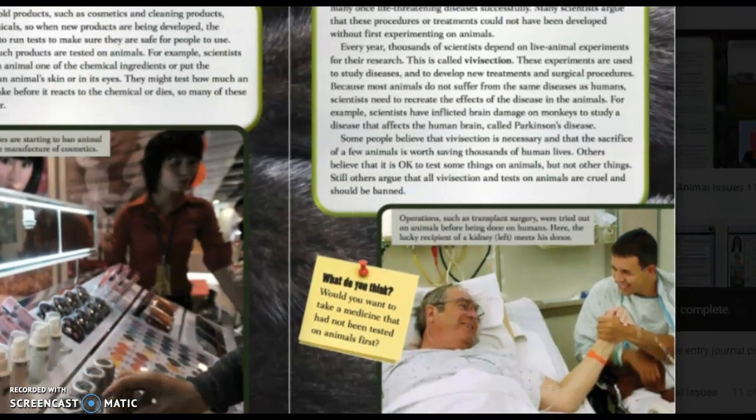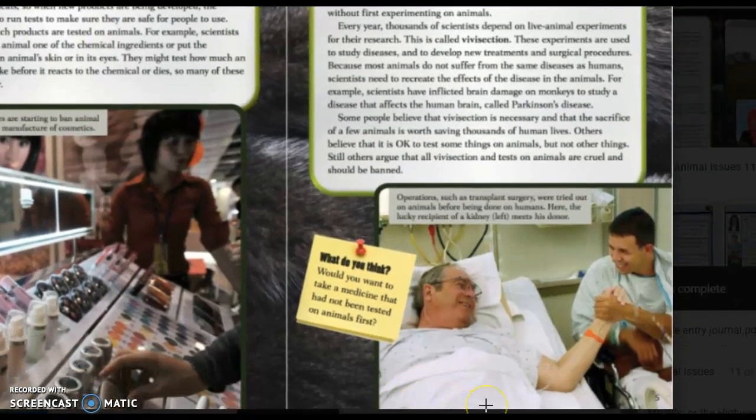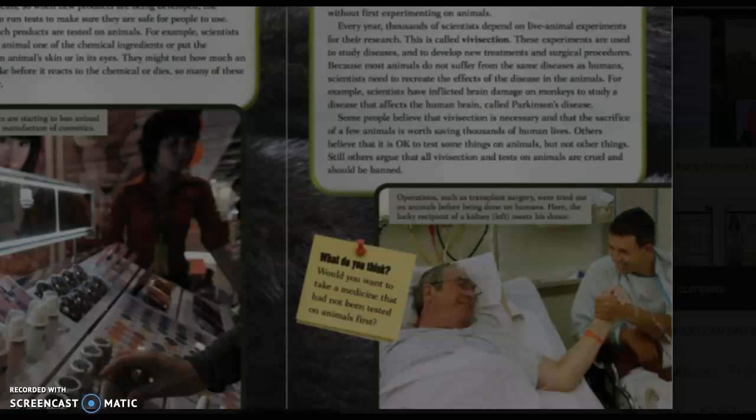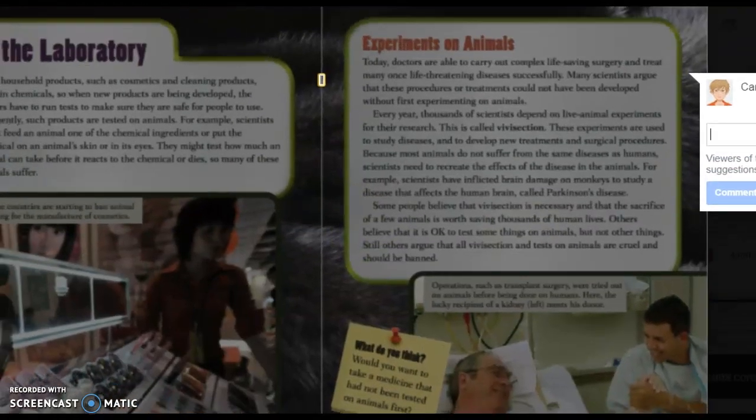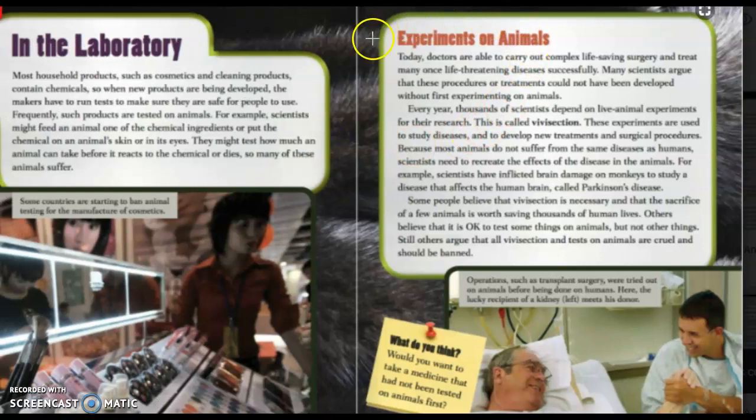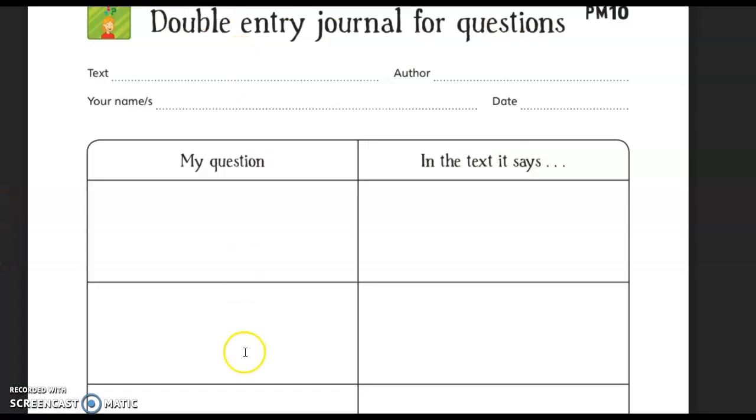Now I'm really interested because over here there are 2 guys in hospital gowns, and I notice, as I move this, experiments on animals. So originally I thought it was around fur, but maybe it's not. So I go back to my double entry journal and write down the questions that are coming to mind as I look at that bit of the text. Then I go and write my answers.